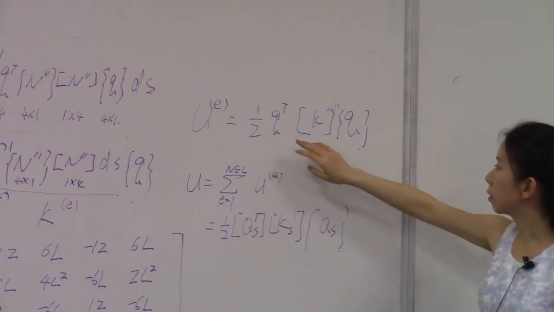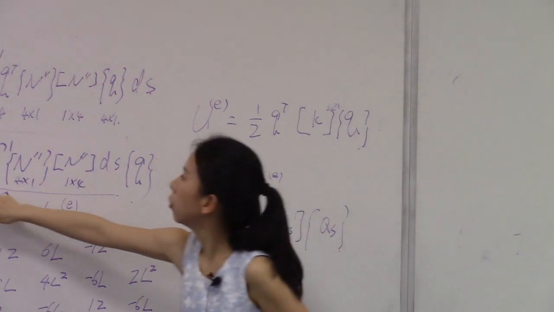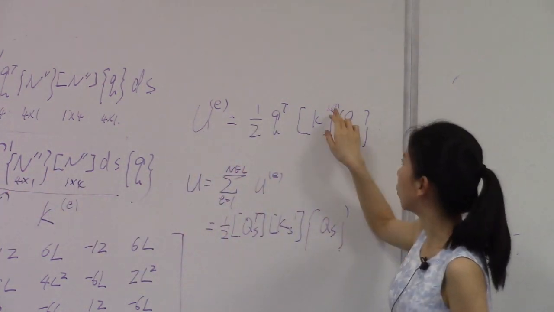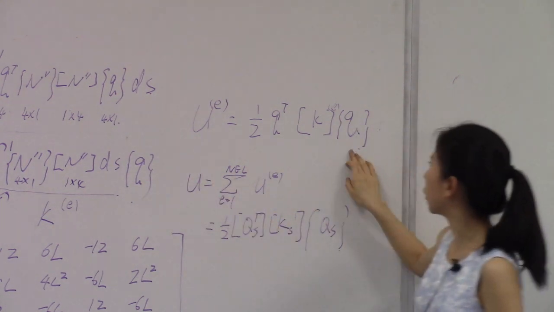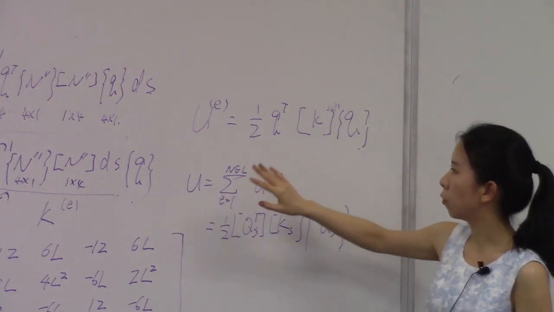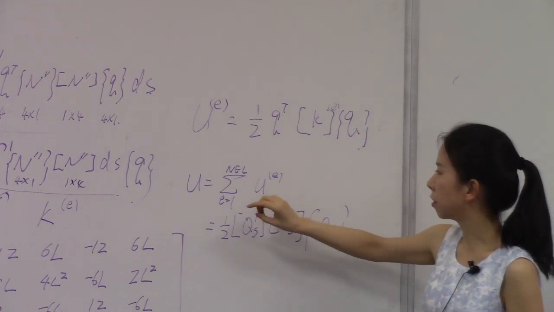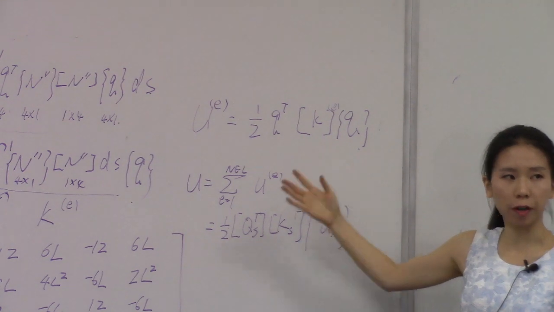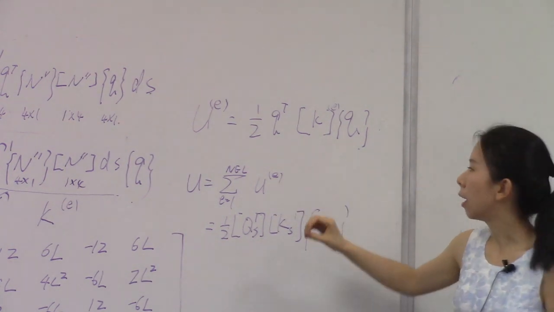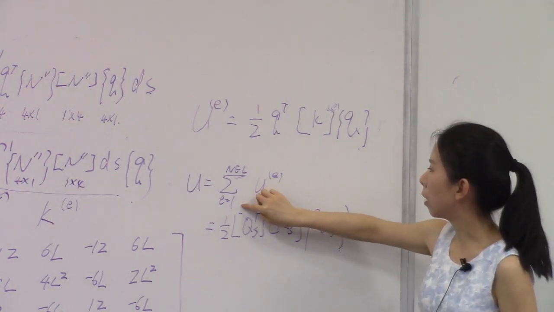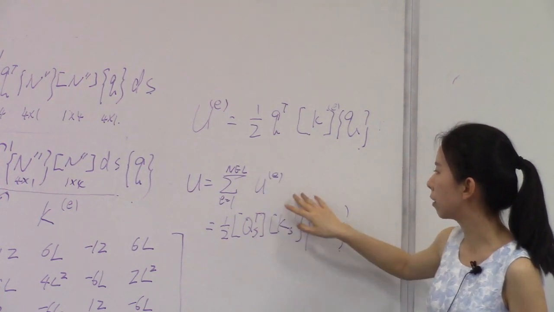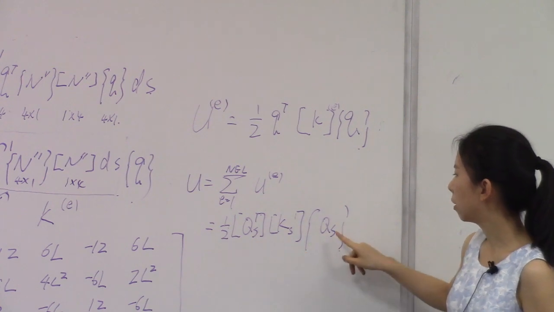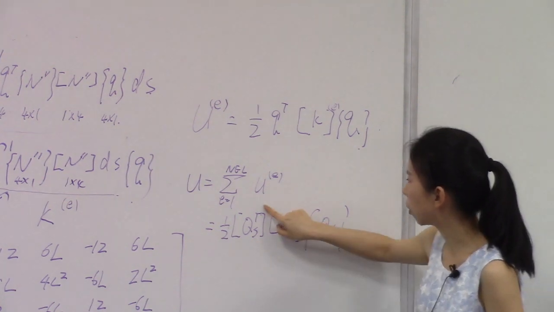This is for one element: 1/2 q transpose, K for this element, and q here for one element. And for a system with multiple elements, we can just add them together, because strain energy is a scalar, right? So from element 1 to the total number of elements, we add them together, and then we have this equation: 1/2 Q_s^T K_s Q_s.